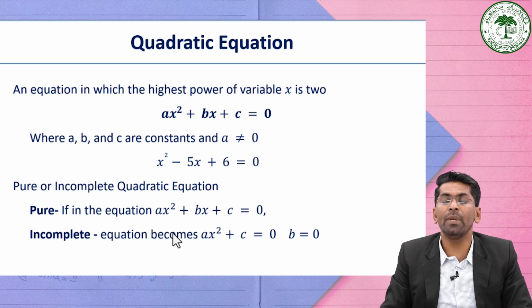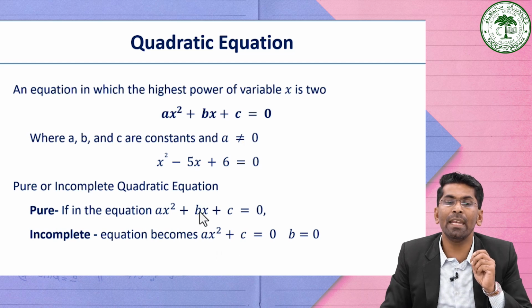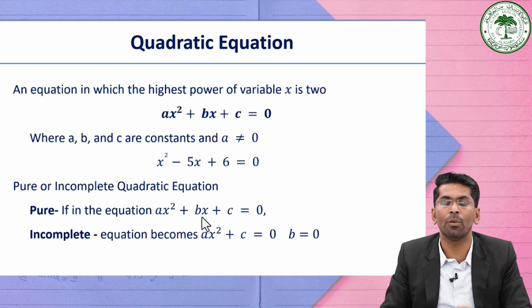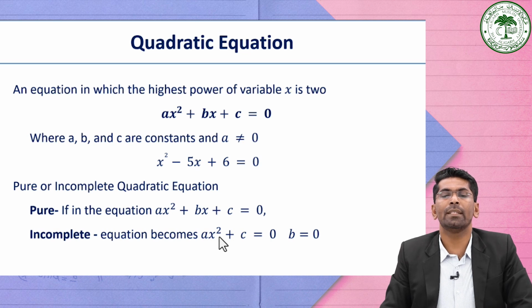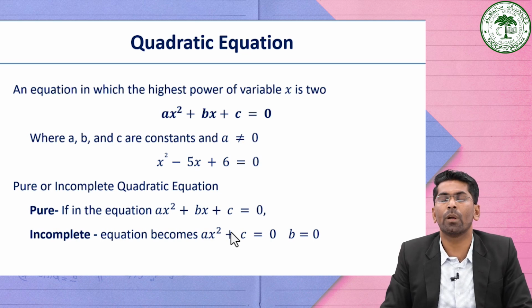This is a specific case of a quadratic equation where the coefficient of the linear term, that is b here, is equal to 0. If b is equal to 0, then bx becomes 0. Then what is remaining here? It is ax square plus c equal to 0, where b is assumed to be 0. So if the equation is in the form of ax square plus c equal to 0, then we can say that it is an incomplete quadratic equation.